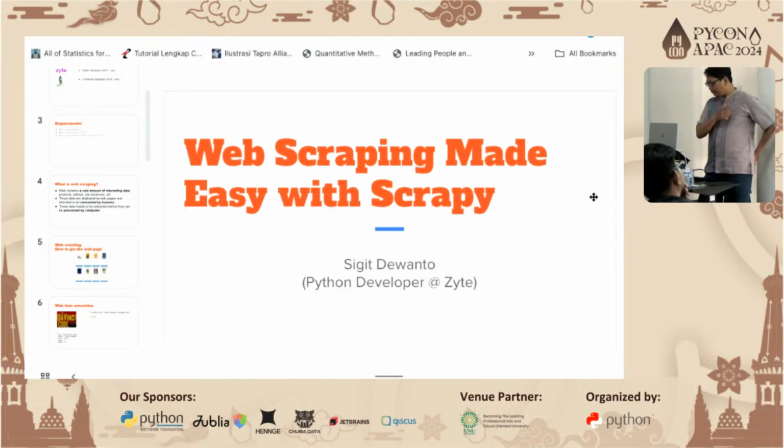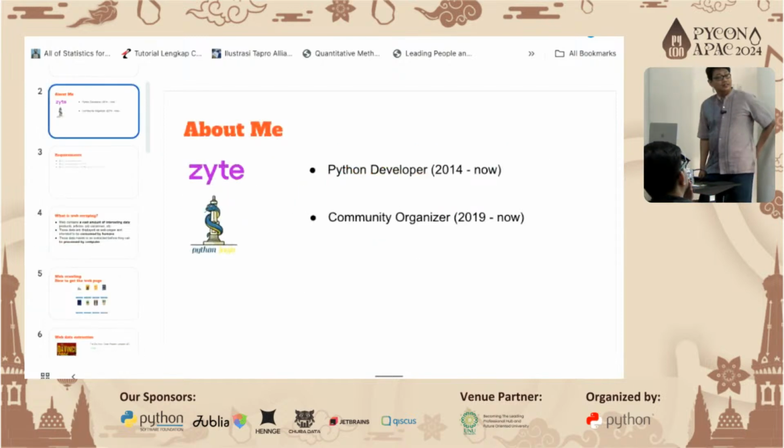First, a little about myself. I have been working at Zyte as a Python developer from 2014 until now. If you don't know it yet, Zyte was formerly called Scrapinghub, and it is the creator and maintainer of Scrapy.